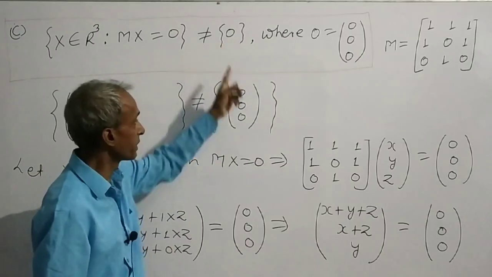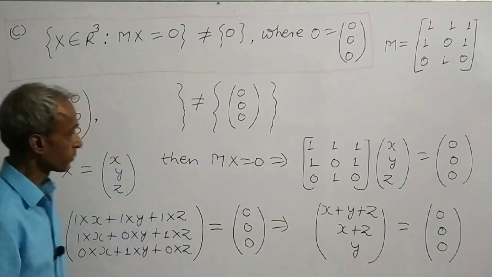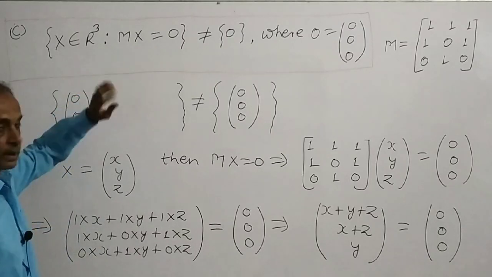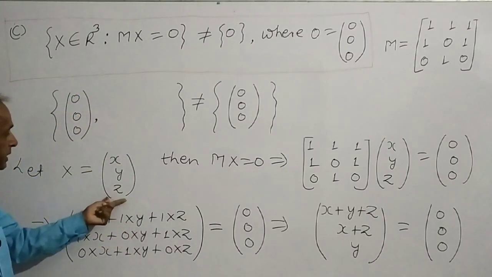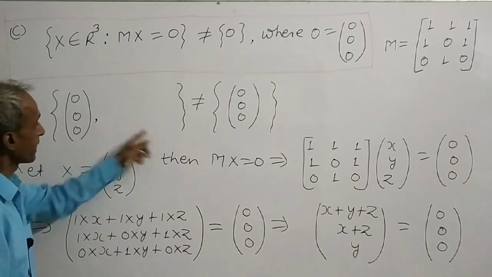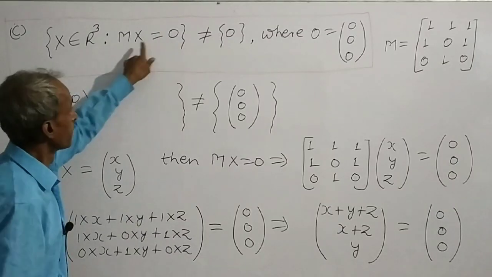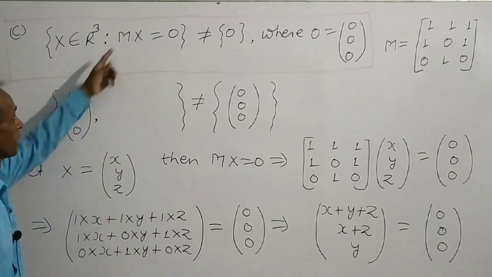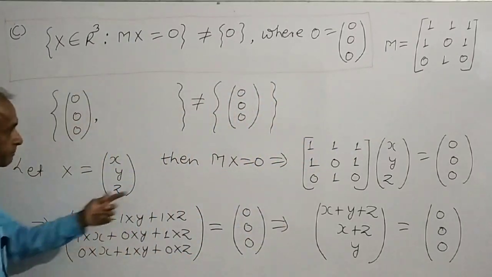In place of this 0, there is this zero matrix. And in this set, all matrices of this type will be element of this set that satisfy this condition. This condition means in place of M, we write this matrix.